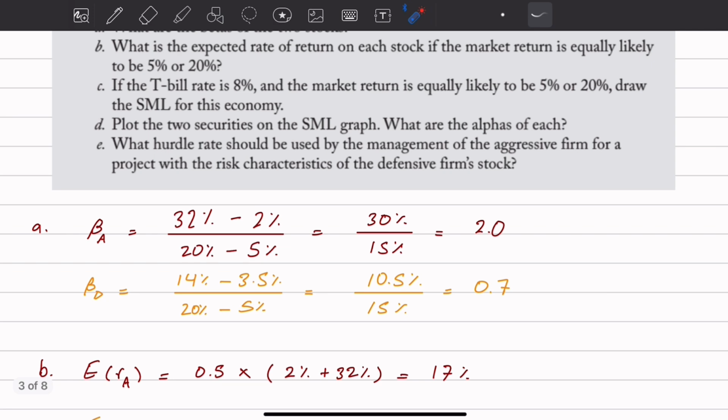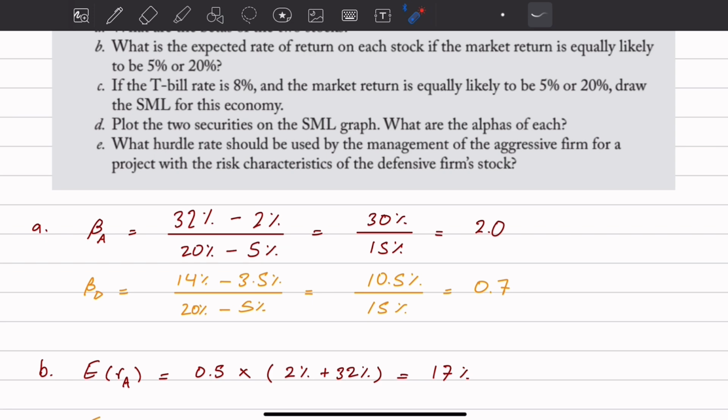C. It says if the Treasury bill rate is 8%, remember the Treasury bill rate represents the risk-free rate, and the market return is equally likely to be 5% or 20%, draw the security market line for the economy. All right? Now to draw the security market line, we need a few key pieces of information.